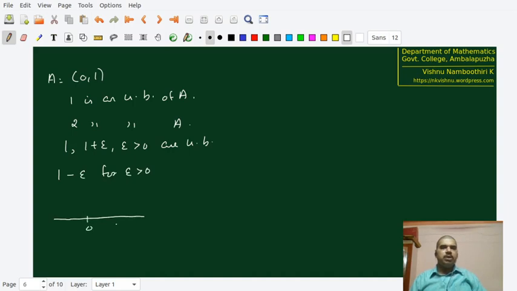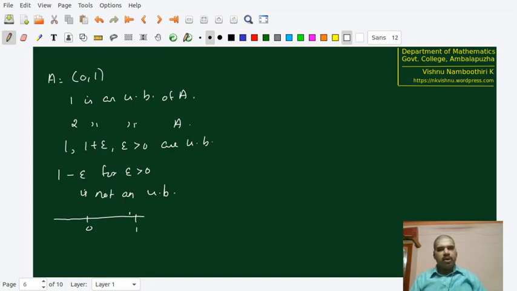This is 0 here, this is 1 here, and if you choose something slightly below 1, this is not an upper bound, because 1 minus epsilon is going to be lying to the left of 1, and not only that, we can find at least one element in the set (0, 1) which is above this 1 minus epsilon. For example, if 1 minus epsilon is even below 0, 0 itself we can choose, and 0 is greater than 1 minus epsilon in that case.